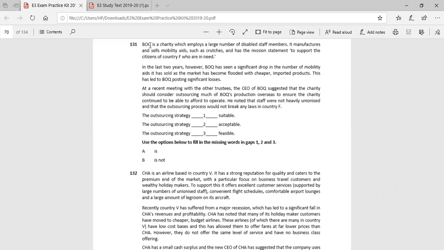Please answer these. One should be A or B, two should be A or B, three should be A or B. That way.